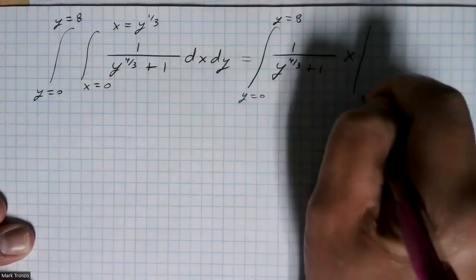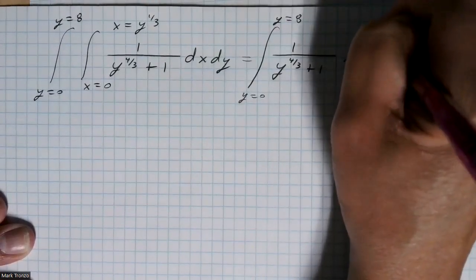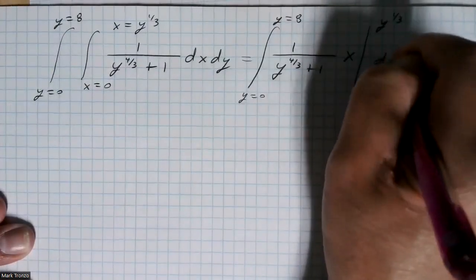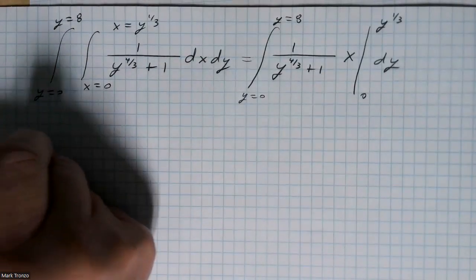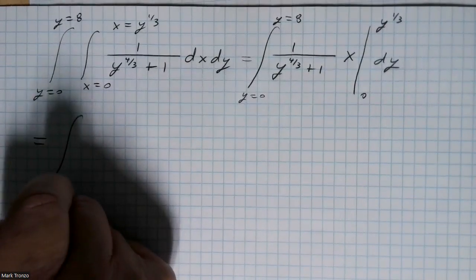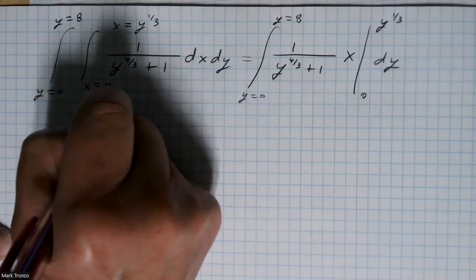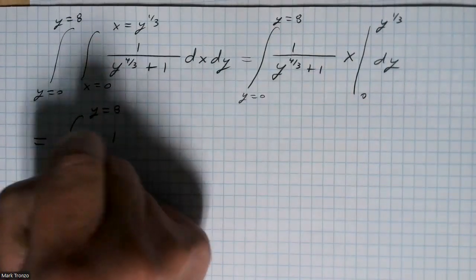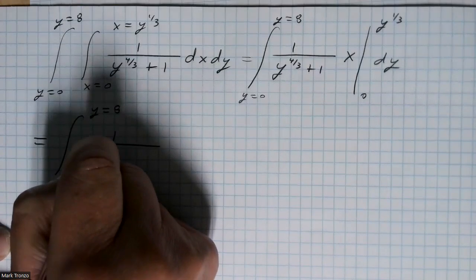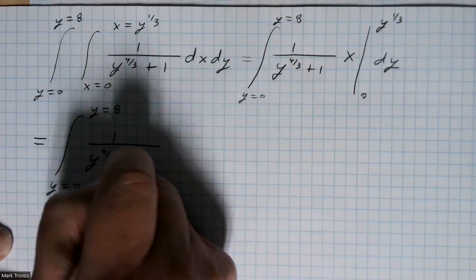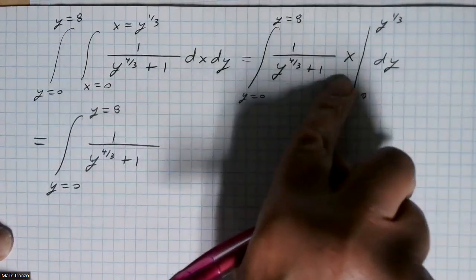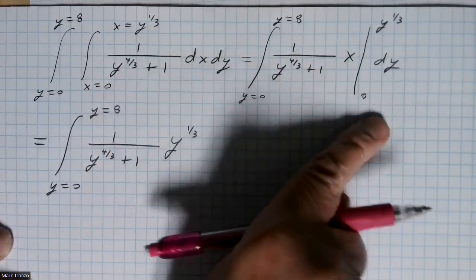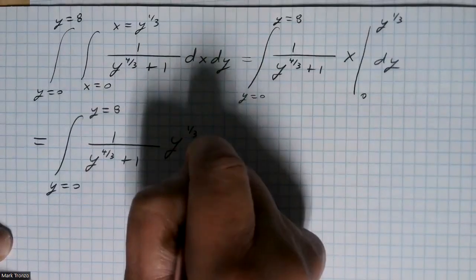That's to be evaluated from 0 to y to the 1/3, dy. And then put our bounds in. And then this is y to the 1/3. And then the lower bound would just be 0.